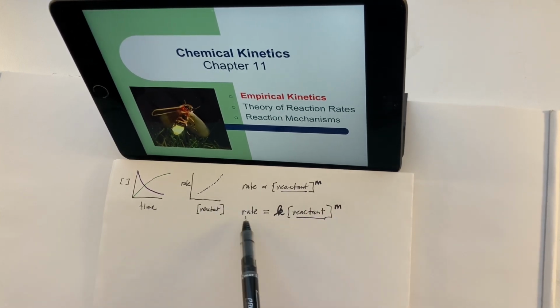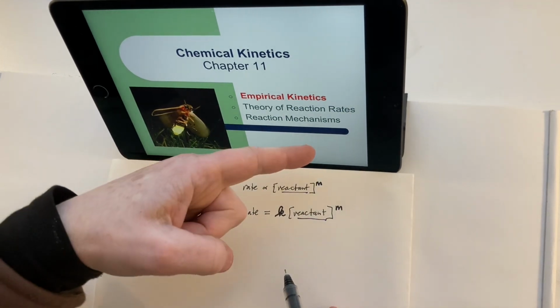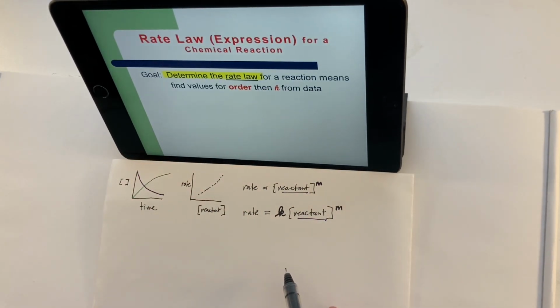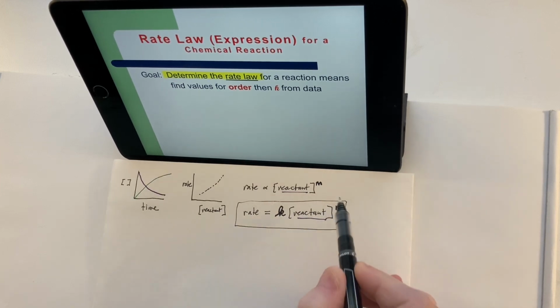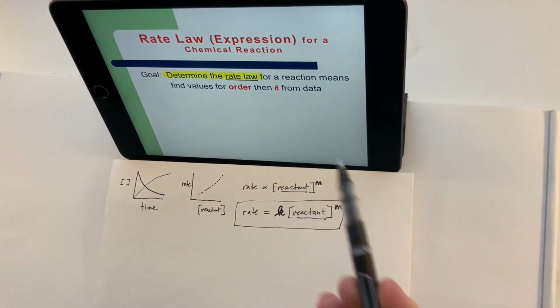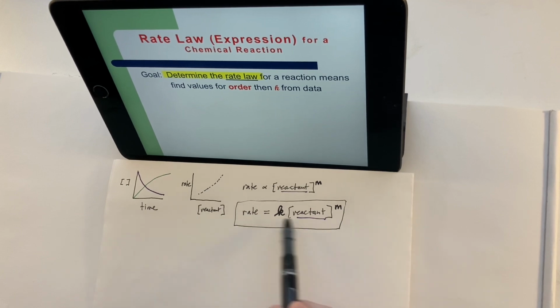So this proportionality becomes an equation: R equals some kind of proportionality constant, we'll call it the rate constant, times the concentration of reactant raised to a power. This is called a rate law for a reaction, or rate expression. It summarizes the relationship between concentration of reactant and rate, how the reactant impacts the rate.